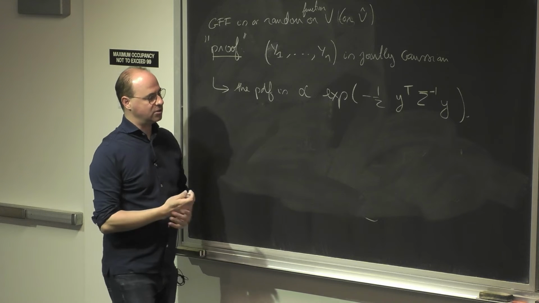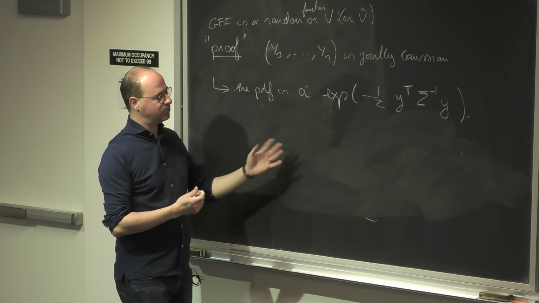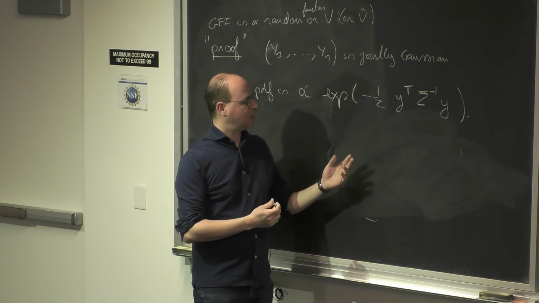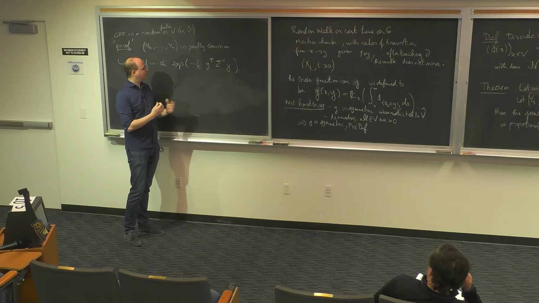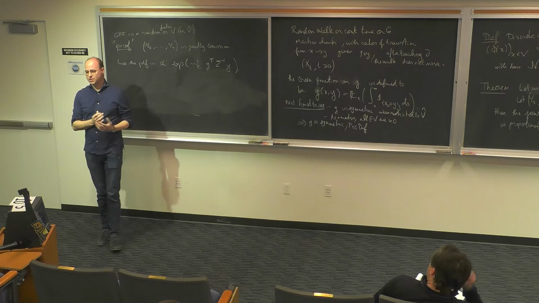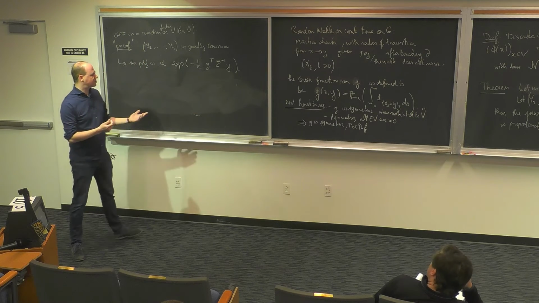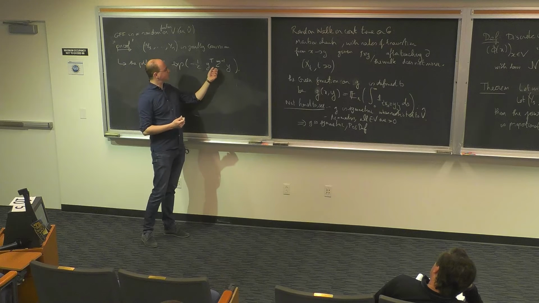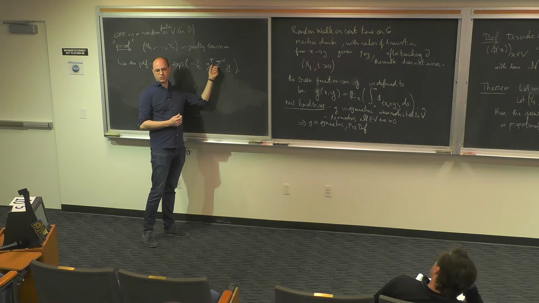That's really what we learn in first or second year probability if we learn about Gaussian vectors. And yeah, here the matrix sigma is given to us as the Green function. So it turns out, as I've already alluded to, the Green function is the inverse of the Laplacian. So what you see here is really the Laplacian.